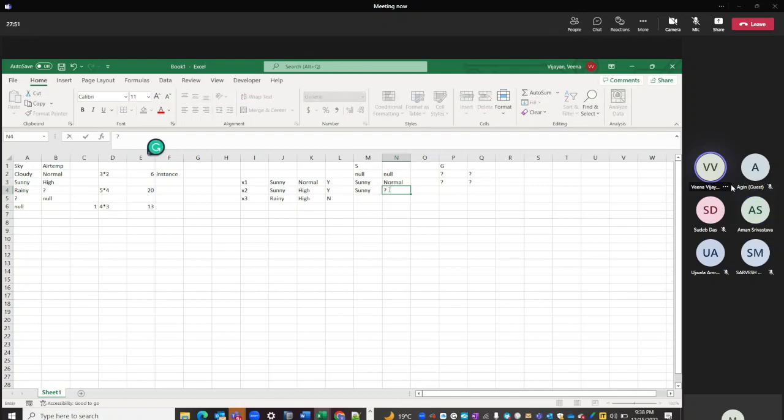The only item which categorizes both normal and high is question mark. So we replace it with question mark. This is our new specific hypothesis. Now we are comparing it against the generic one. Sunny will be same as question mark. High will be same as question mark. So we can just keep the same generic hypothesis.